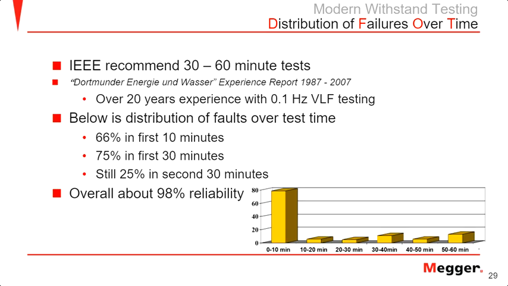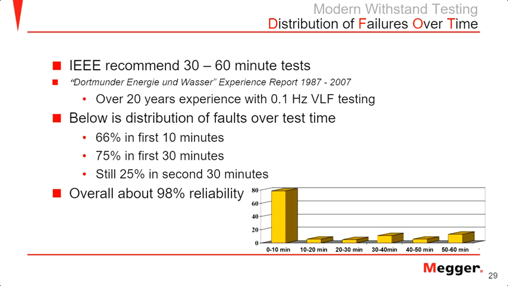Typically, if a cable has to fault, it will fault within the first 10 minutes 66% of the time. The next 75% of failures you will catch within the first 30 minutes, and the rest is in the second 30 minutes. So about 66% of the failures you will see occur within the first 10 minutes of a VLF test.